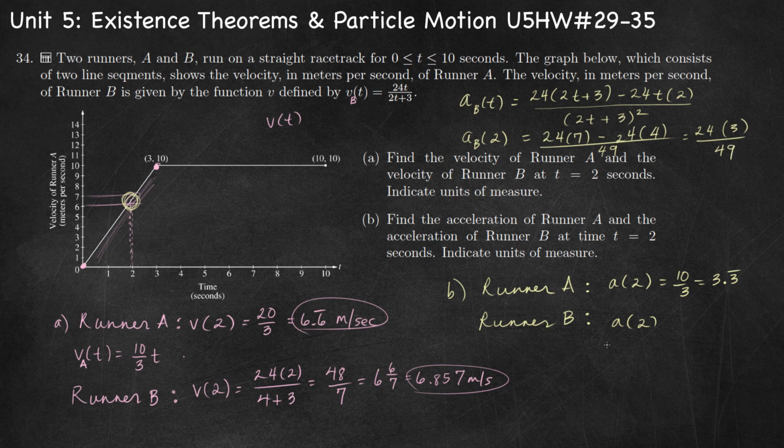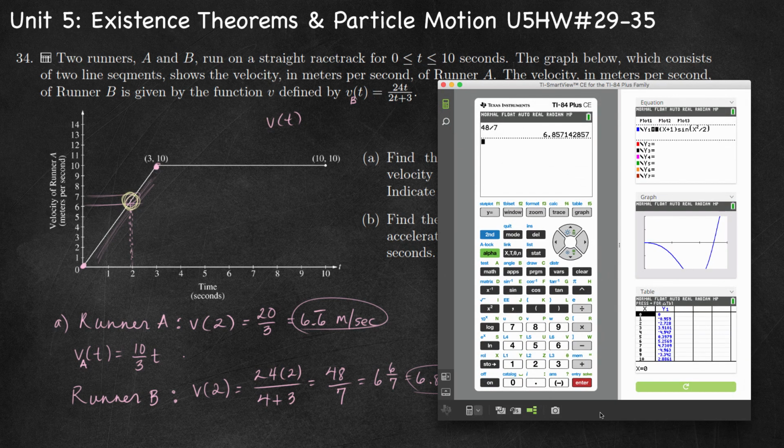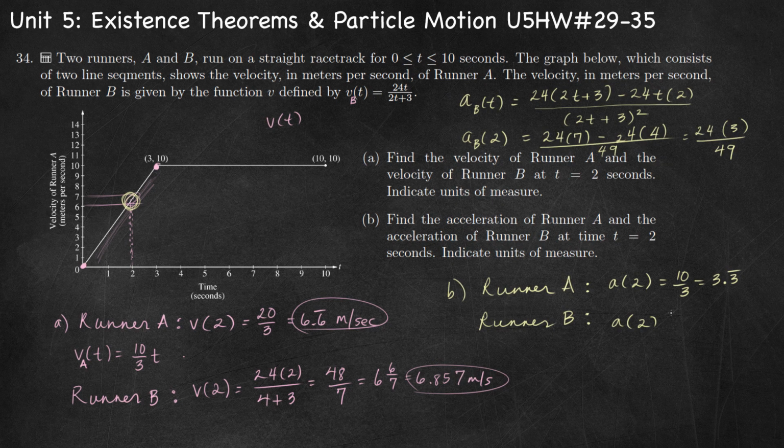It's 24 times 3 over 49. That's .469. And the acceleration would be meters per second squared for both of those.